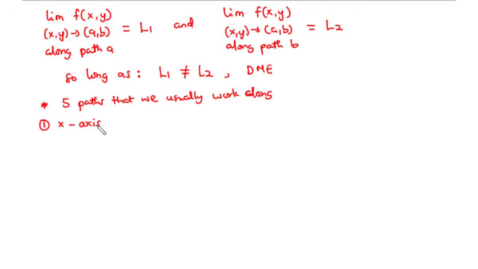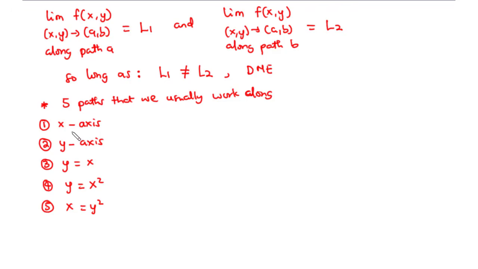So usually we want to do along the x-axis, and then we also do along the y-axis, and then thirdly probably along the line y equals x, and then probably along the parabola y equals x squared, and then lastly let's say we have x equals y squared. So along the parabola x equals y squared.